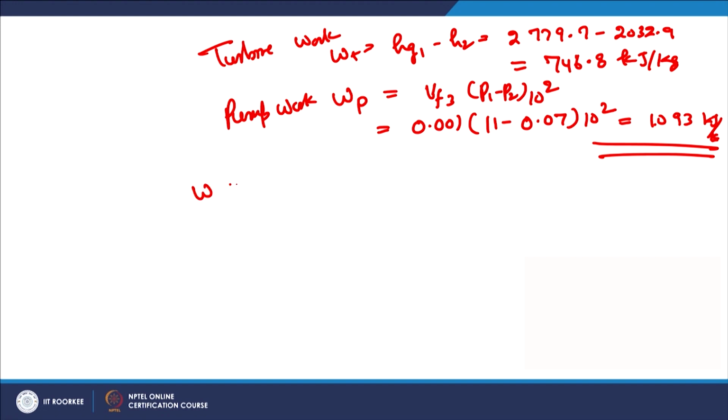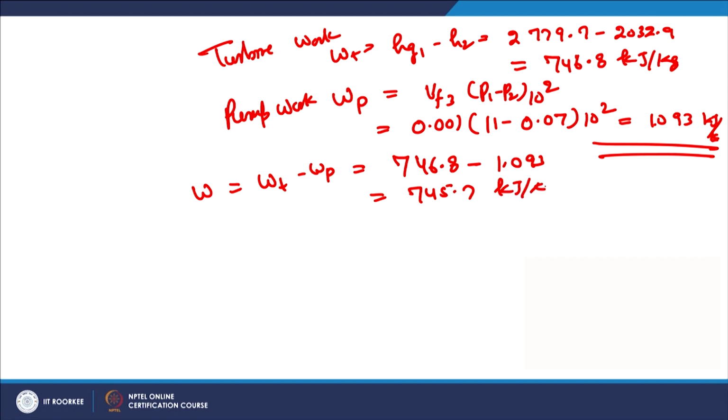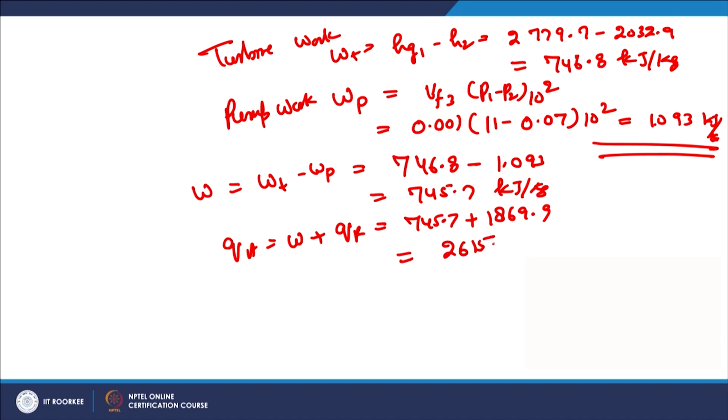So W is equal to turbine work minus pump work, that is 746.8 minus 1.093, which is 745.7 kilojoule per kilogram. So QA is equal to W plus QR, that is 745.7 plus 1869.9, which comes out to be 2615.6 kilojoule per kilogram. This is the desired result.